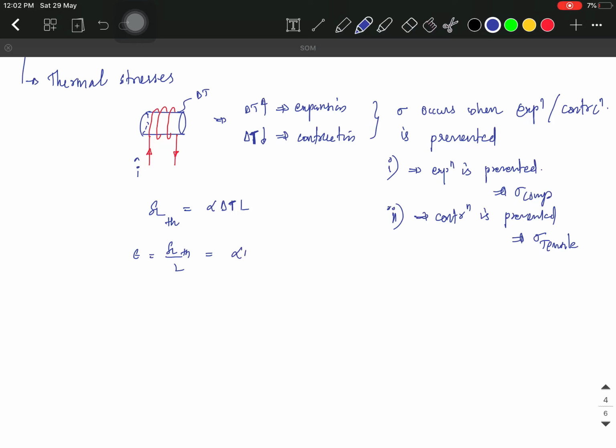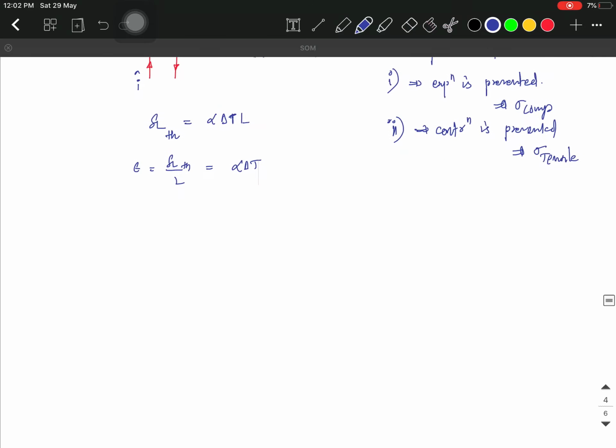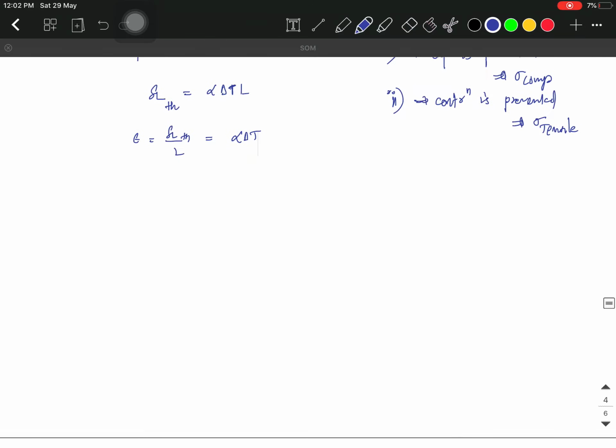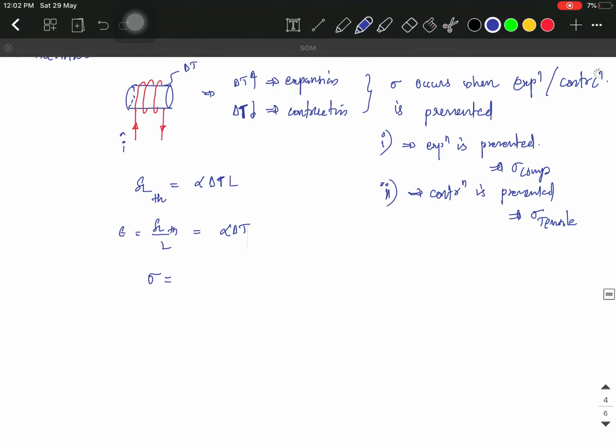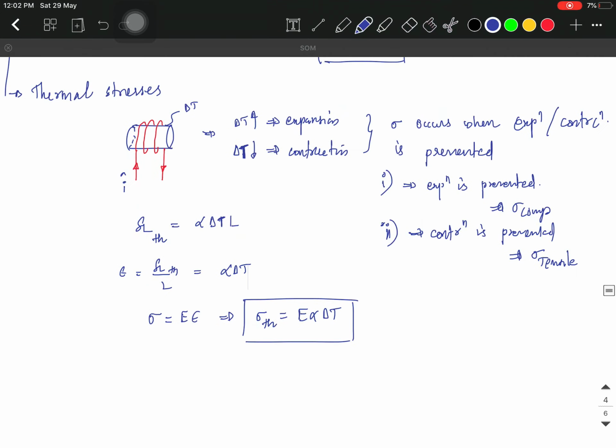Strain, which is delta L by L, is given by alpha delta T. We know that sigma is E into epsilon, so the thermal stress is sigma_th equal to E alpha delta T. So these are the entire concepts that we dealt with in this particular video.